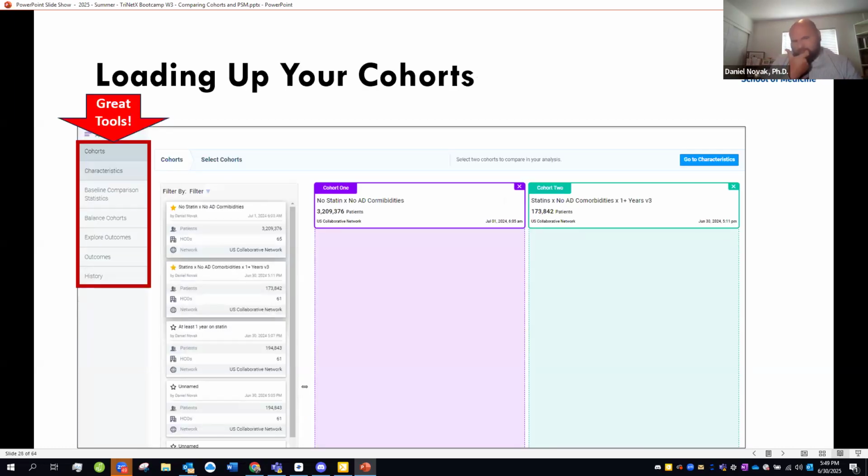So basically, once you've got your cohorts designed, you are going to load them up into this function. I usually put my cohort of interest, I'm not going to call it necessarily an experimental control, my cohort of interest in the purple, and then I put the control cohort in the green. I have that kind of flipped here, but that's how I used to. Now I do it so that you have your experimental on the left and your control on the right.